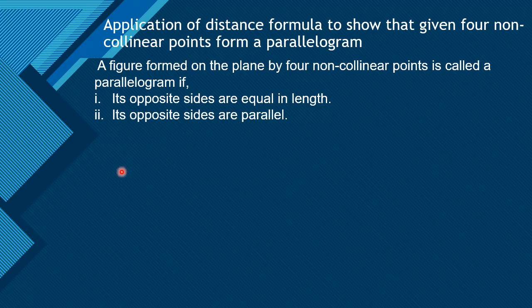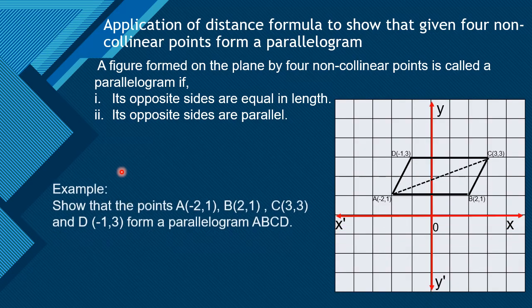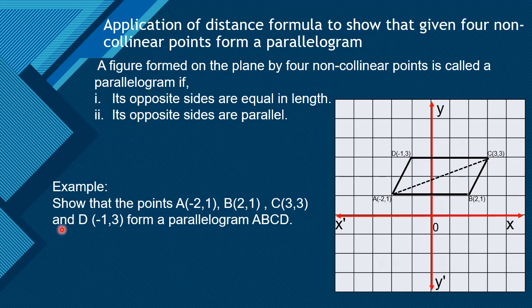So students, let us solve an example. Example says, show that the points A, B, C and D form a parallelogram ABCD. So here we have plotted these points by selecting the scale as one square box along both axes is equals to 1 unit.